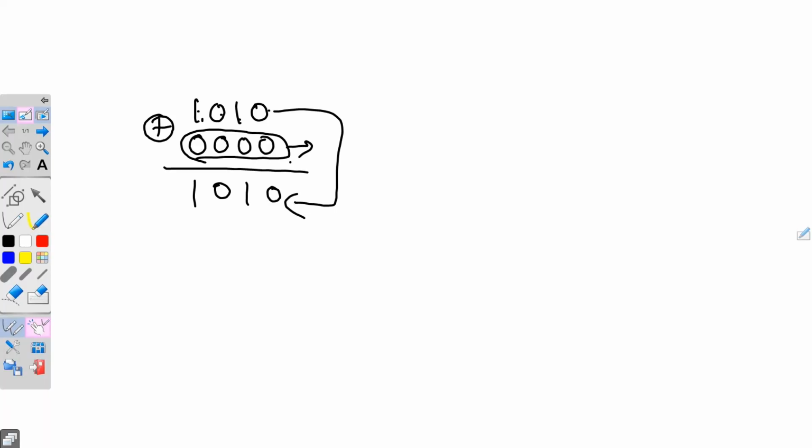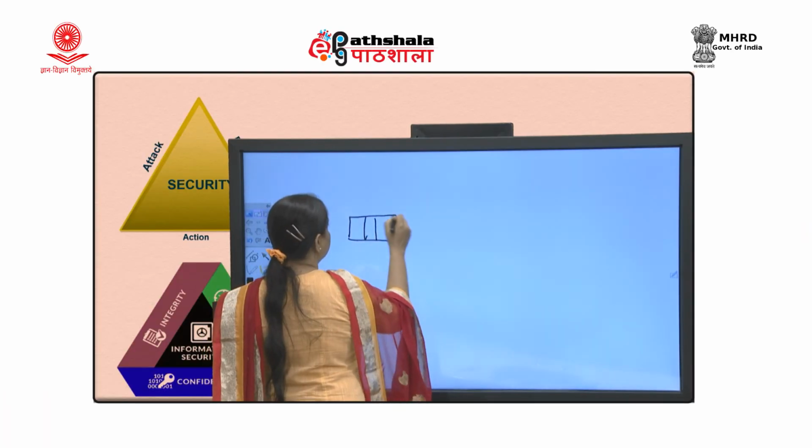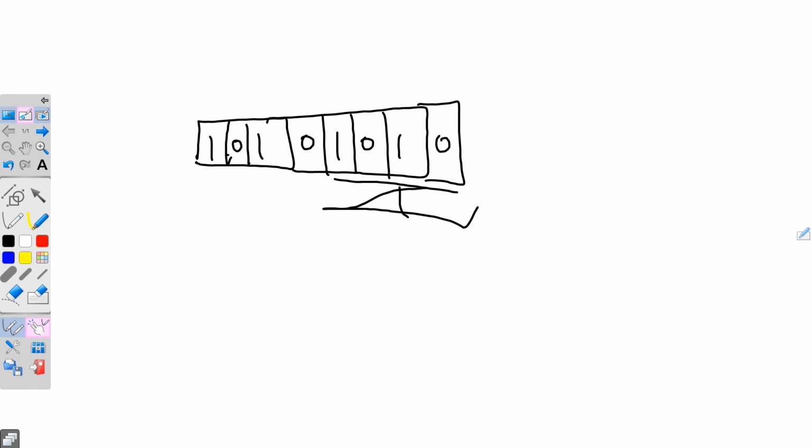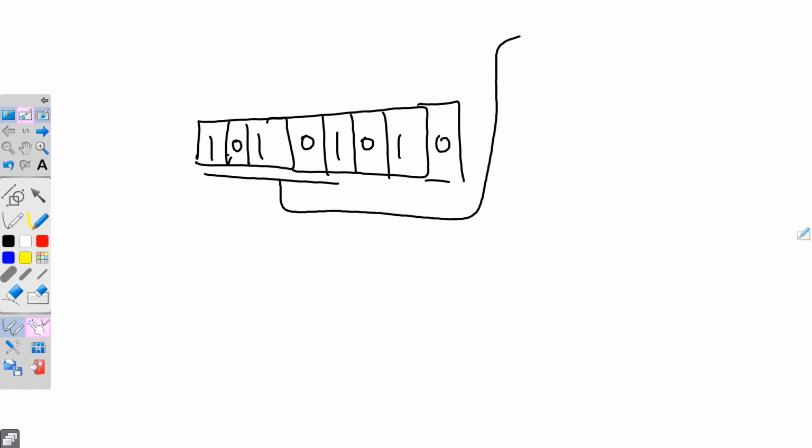What happens here, if you have observed, suppose I have 8-bit input, out of that only 4 bits are used, or we can say the first 4 bits are used. So, this would be given back to the next stage.